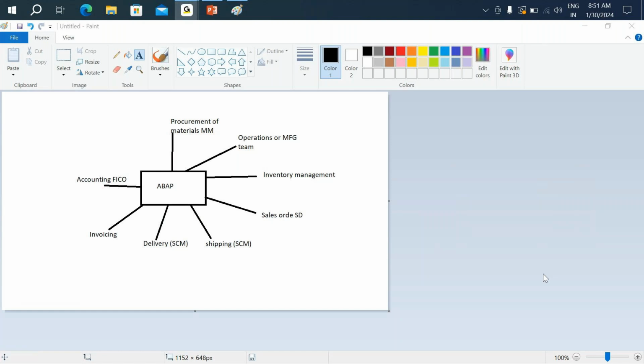So the expansion is quite limited to FICO only, because by learning FICO, you cannot move to MM without getting trained in MM again, or move to SD without getting trained in SD again. So you can only be under one functional team at any given point of time. But when it comes to ABAP, you have multiple modules.